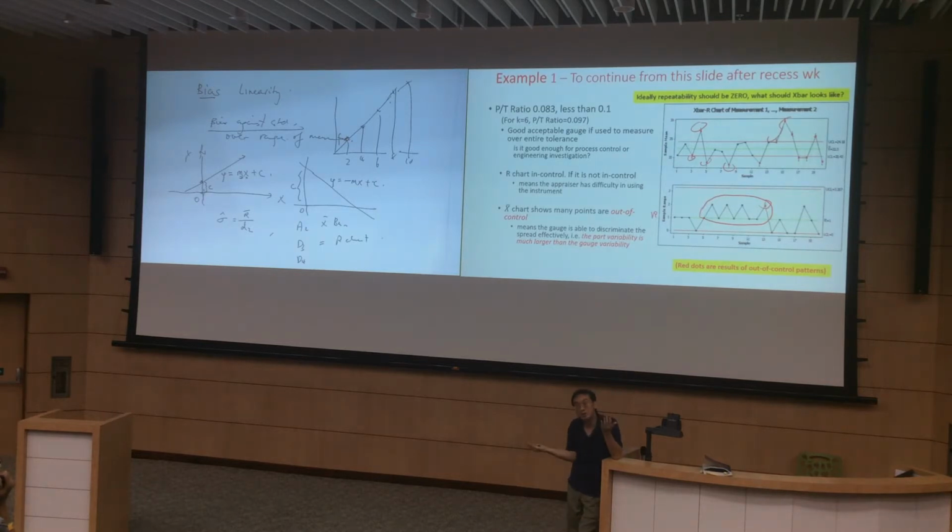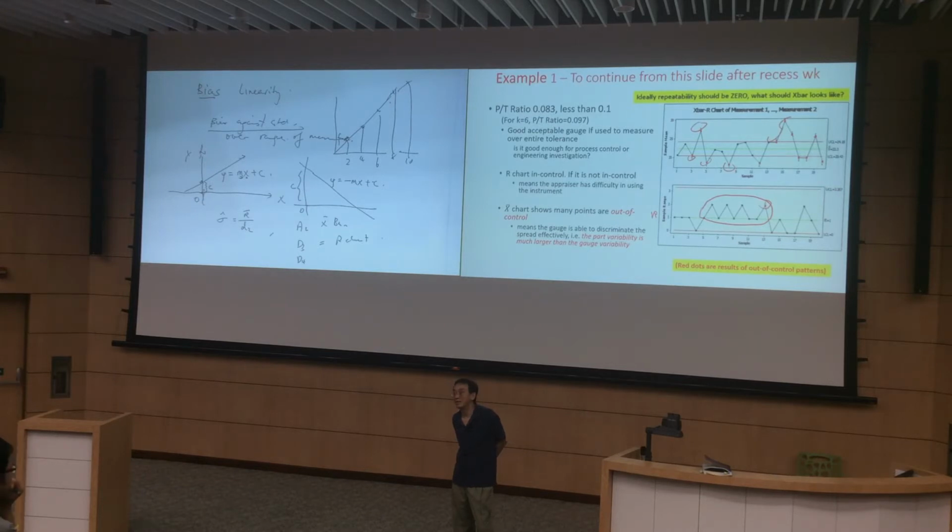And this is the purpose you want it for the X bar chart. Because you want to discriminate the parts over the whole range of production that you're going to have to spread, right? And you should see X bar bouncing out, for good equipment, all should be out of control. But the R chart must be in control to be meaningful.